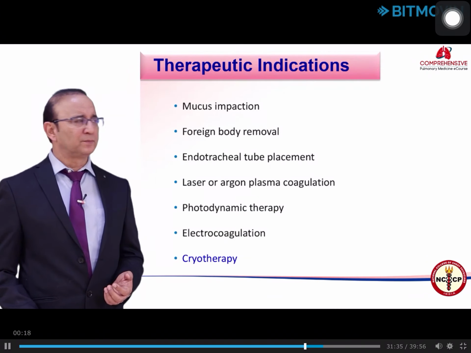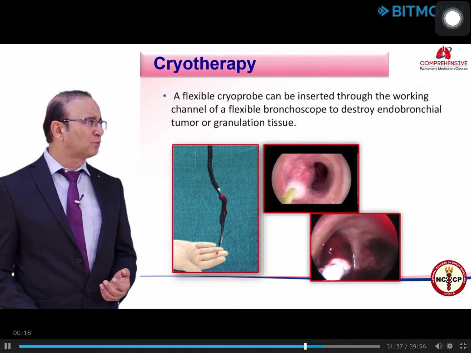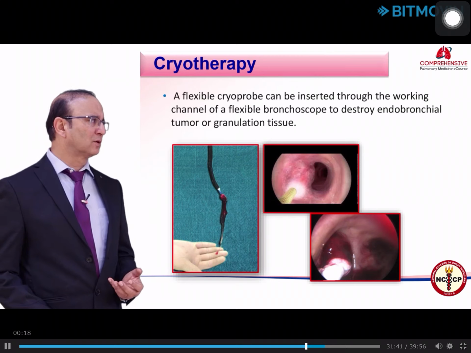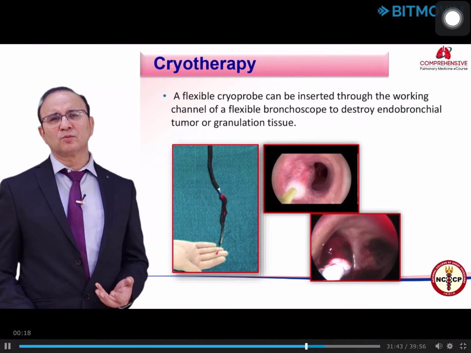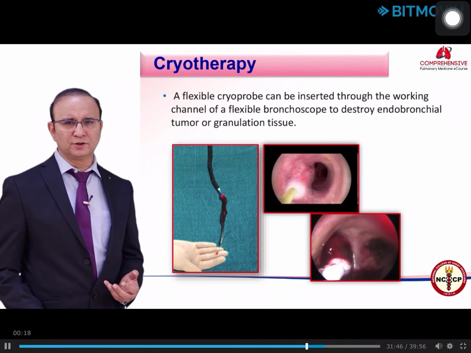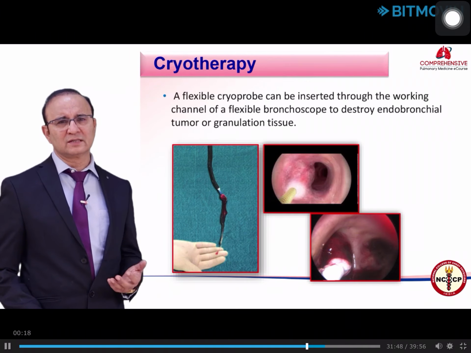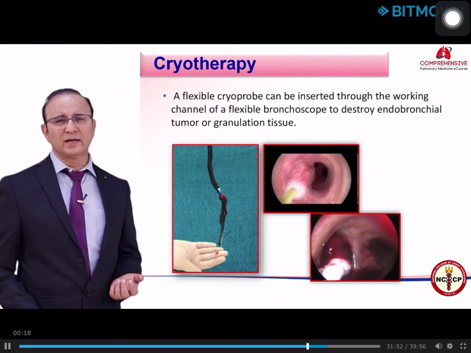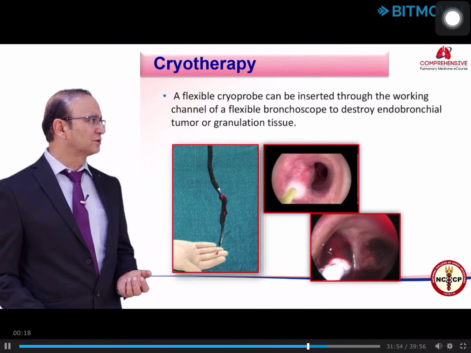Then cryotherapy. A flexible cryoprobe can be inserted through the working channel of a flexible bronchoscope to destroy the endobronchial tumor or granulation tissue. As you can see, this is a cold therapy. It can be applied to destroy the endobronchial tumor or granulation tissues.